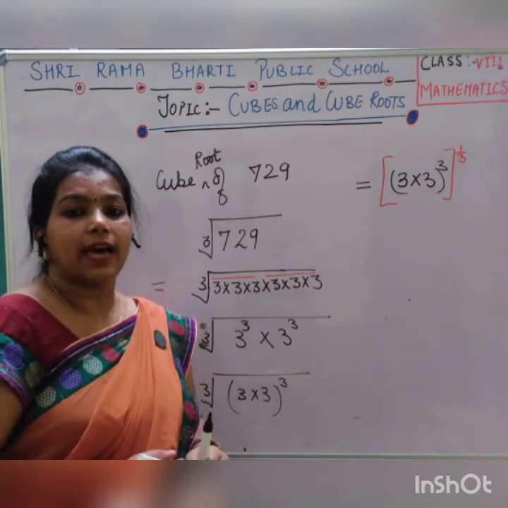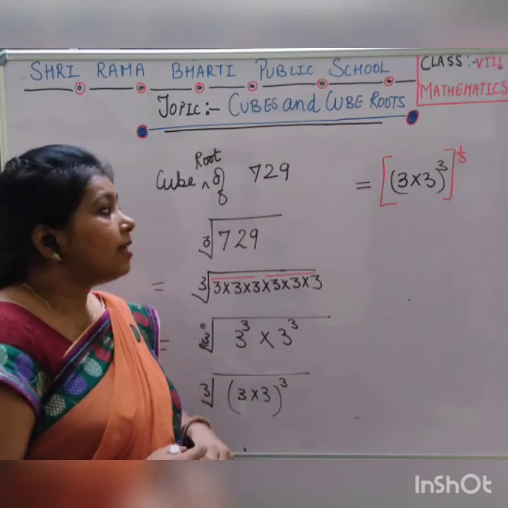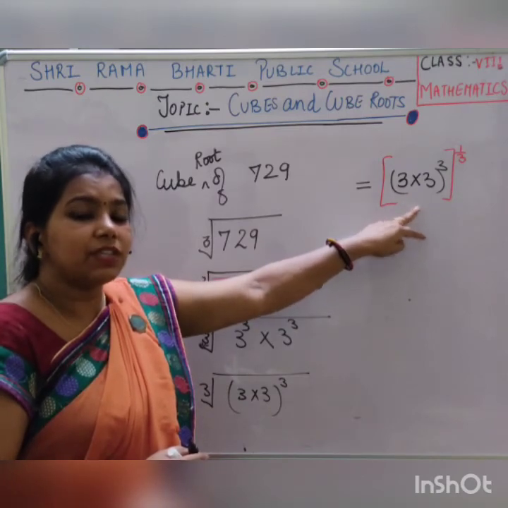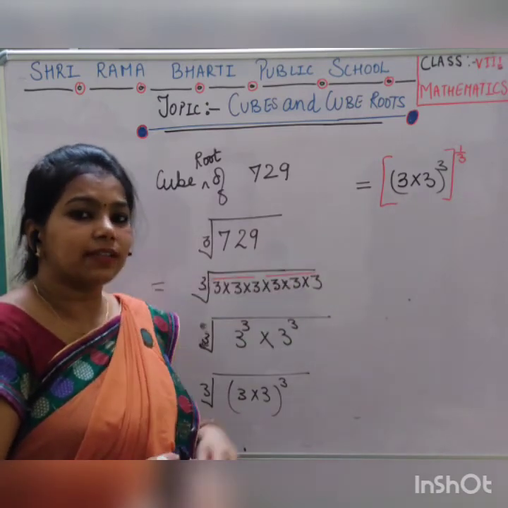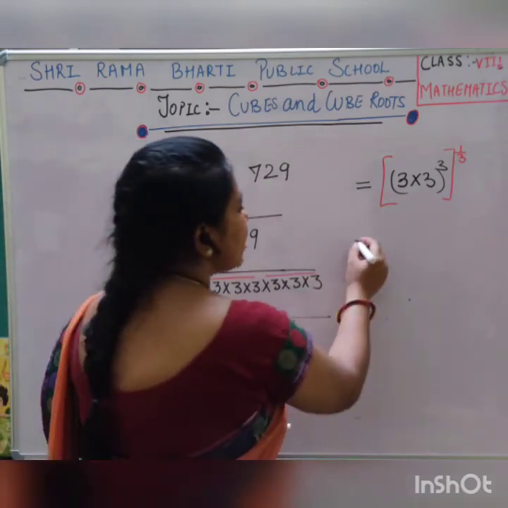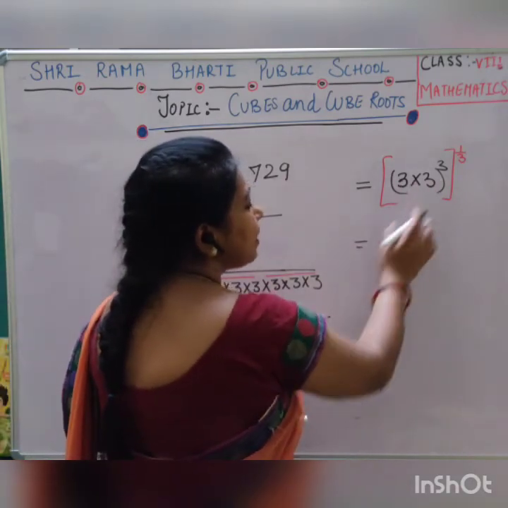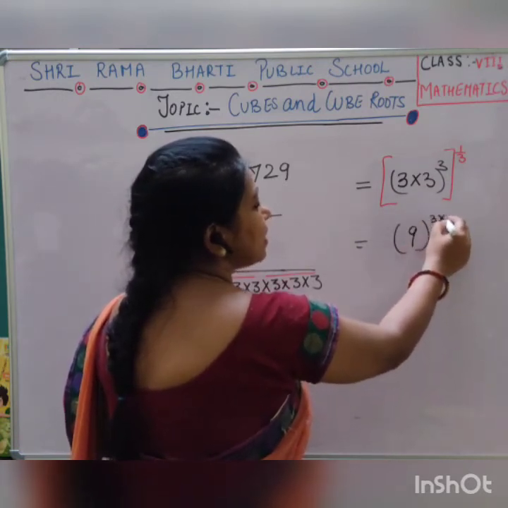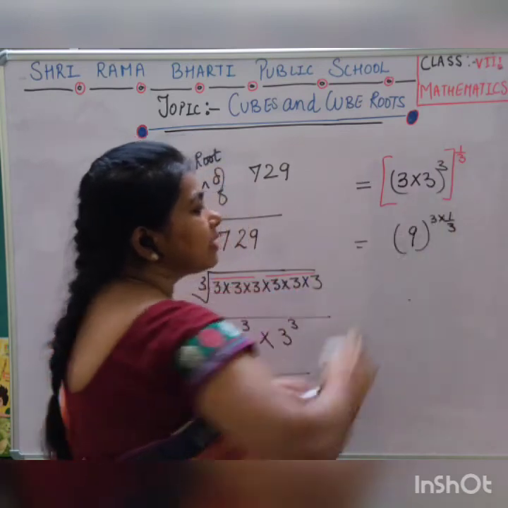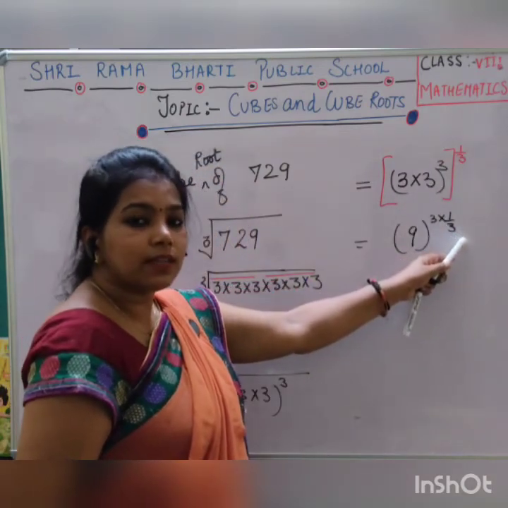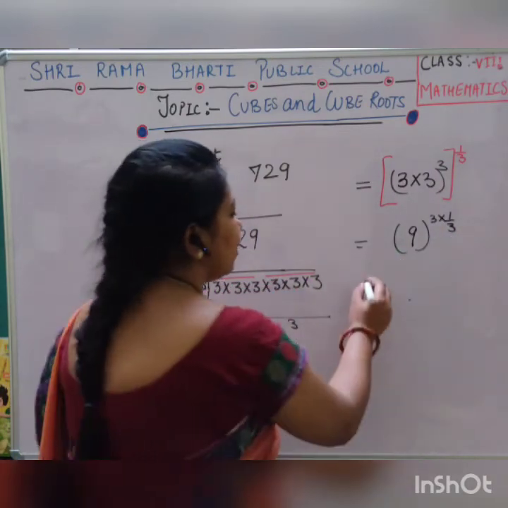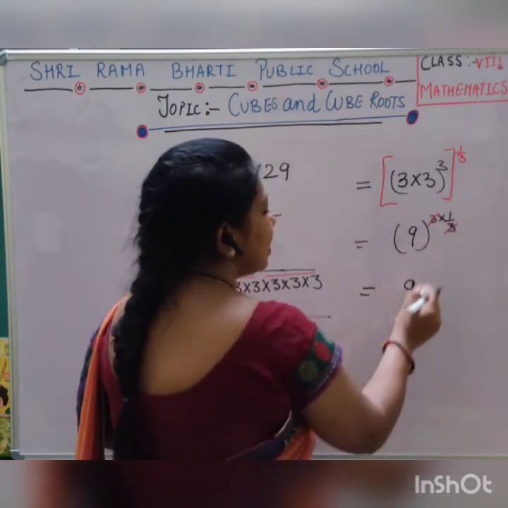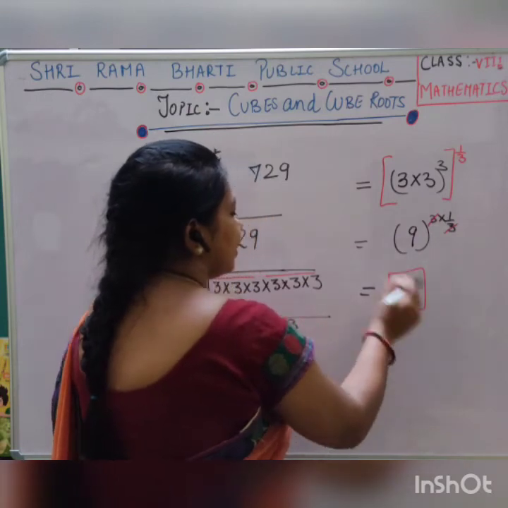And as we know from exponents, by using the power law, we can multiply the power inside the bracket and outside the bracket. So the next step is 3 multiply 3 would be 9, and 3 multiply 1 by 3. So now we are multiplying the powers by using the power law. Now the 3 cancels 3, and the answer would be 9.